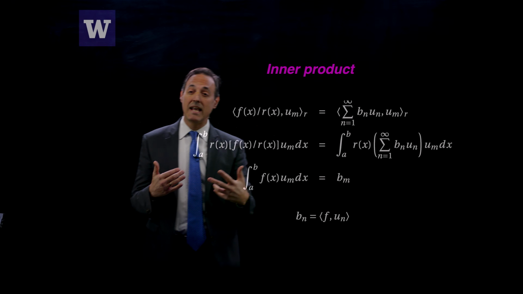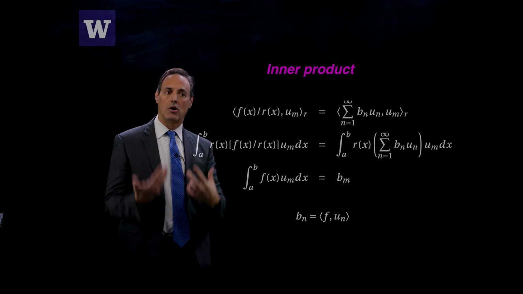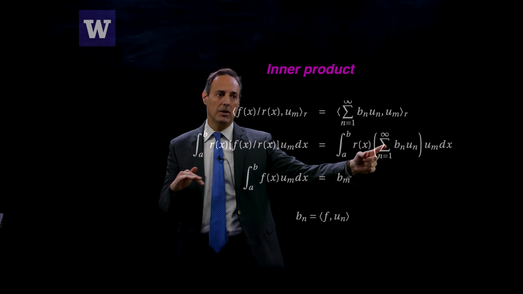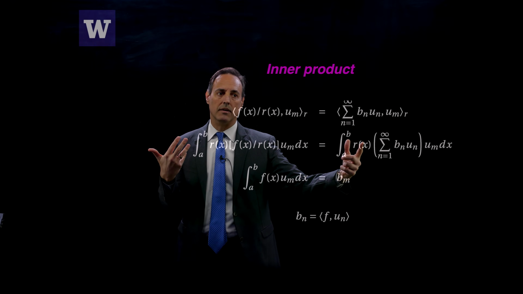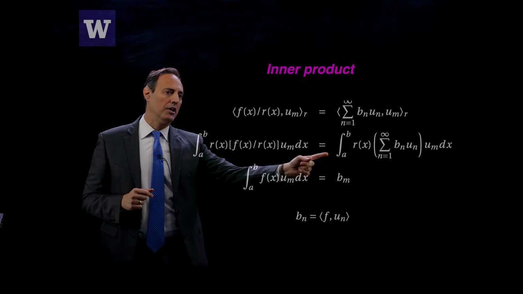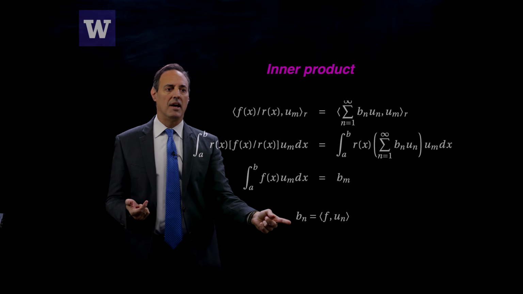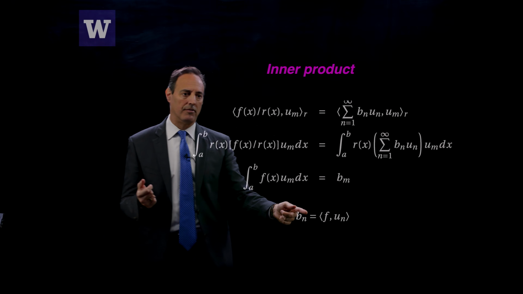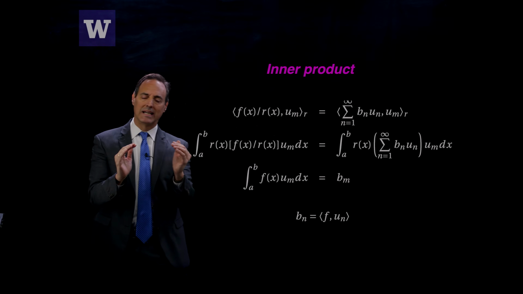But u of n and u of m are orthogonal with respect to this r of x. So if I do this inner product, it's always going to be 0 unless n is equal to m, and then it's going to be 1. That's my orthogonality property there. So this whole integral just becomes b of m. So in the end, I find that b of n, just changing the m's to n's, it's a dummy variable, doesn't matter, is equal to the inner product of f against u of n.